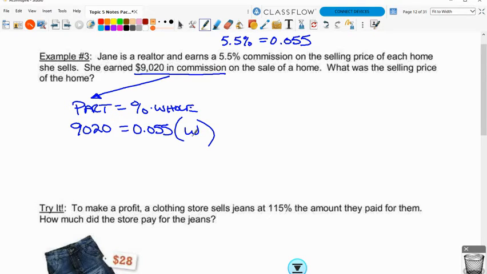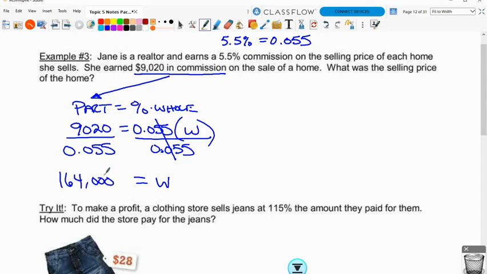So to get W all by itself, we have to divide by 55 thousandths. And once again, if we do it to the right-hand side, we have to do it to the left-hand side, divide by 55 thousandths. On the right, 55 thousandths divided by 55 thousandths is 1, leaving us with W. And if you punch into your calculator, 9,020 divided by 55 thousandths, you're going to get an answer of 164,000.